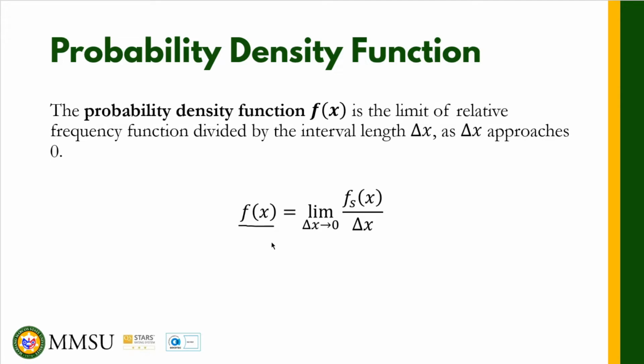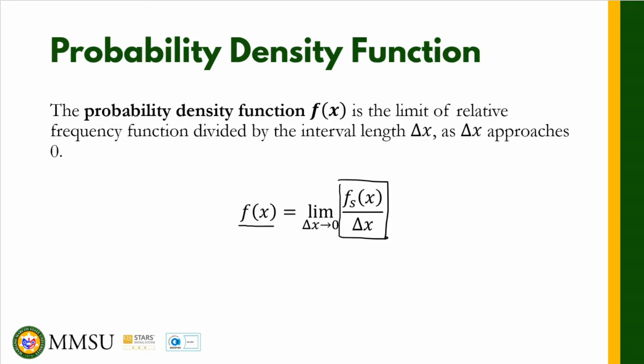As you can see, we have now f of x, and we do not have any subscript s anymore. This is the limit of the relative frequency as delta x approaches 0, meaning we want to get the relative frequency as the gap between those intervals is relatively 0, meaning this is now a continuous function.